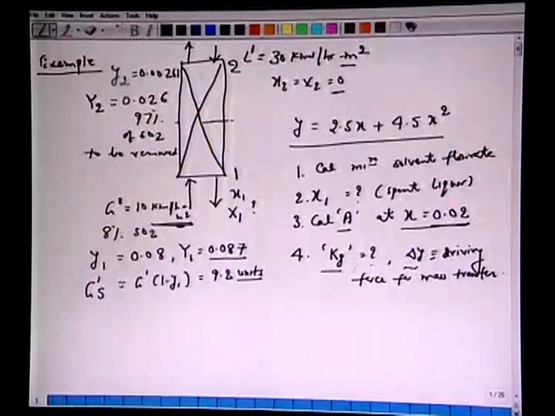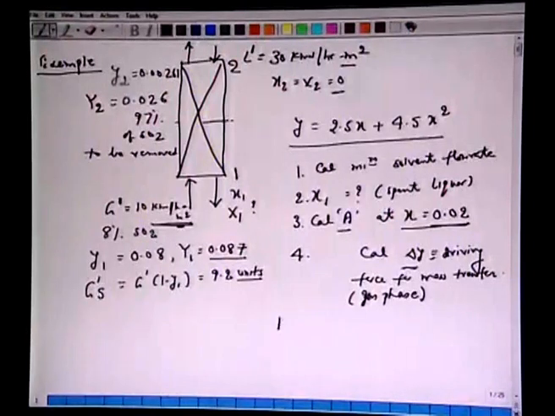Okay, let's do one thing. Let's redefine this problem here. So, let's just calculate the driving force for mass transfer based on the gas phase.